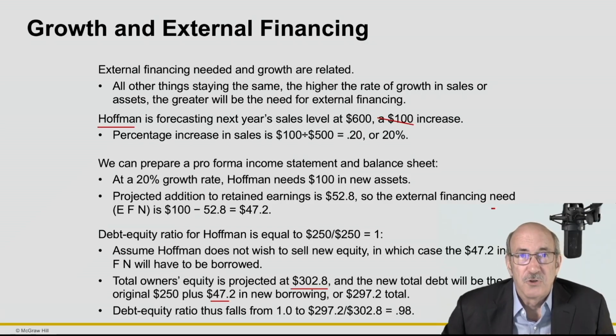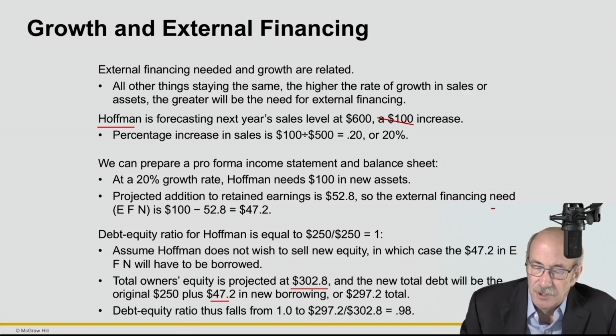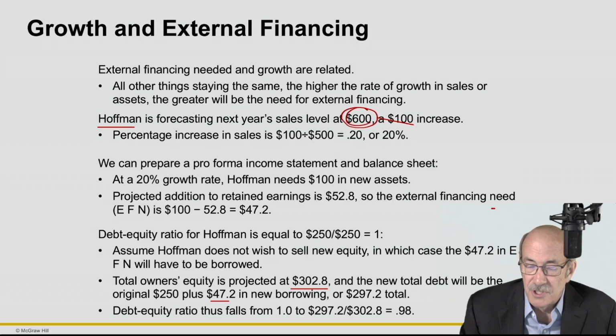All right, we're going to look at Hoffman Company as another example, and then we're going to look at a couple of formulas that will help us to calculate the sustainable growth rate. That is the rate at which we can expand the firm without going to external markets, the debt market or the equity market. All right, so in Hoffman's case here, they have sales last year of 500, and they're increasing that to 600, or that's their goal.